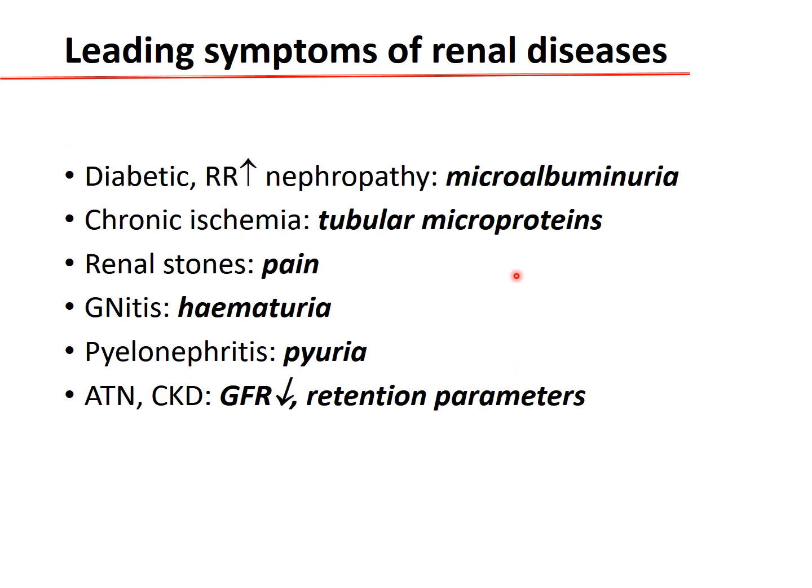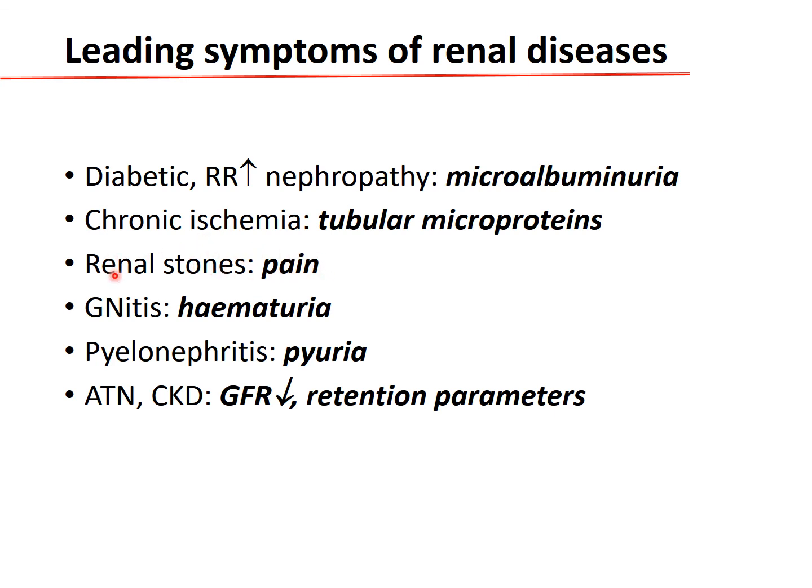What could be the leading symptoms of renal disease and what kind of lab measurements could be found? For example, microalbuminuria can be indicative of diabetes or hypertension-caused nephropathy. Another one, tubular microproteins, can indicate chronic ischemia.